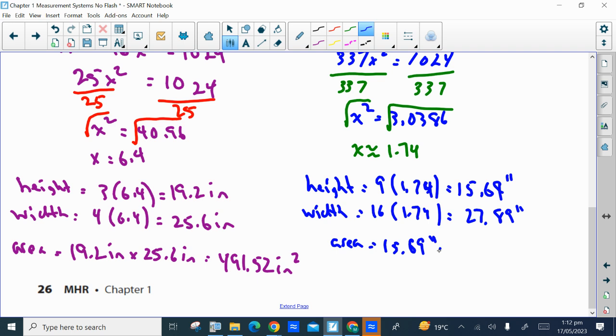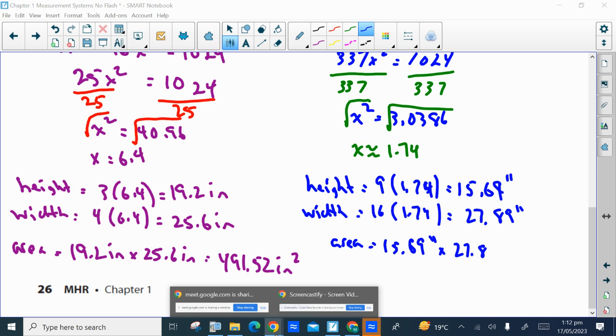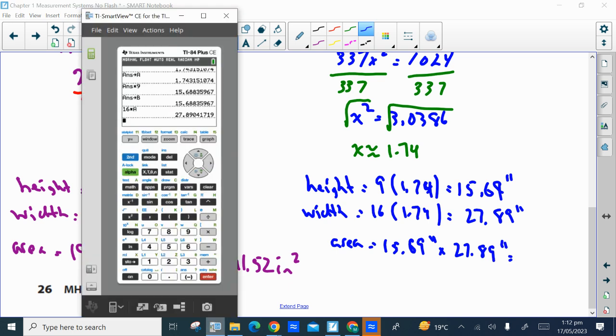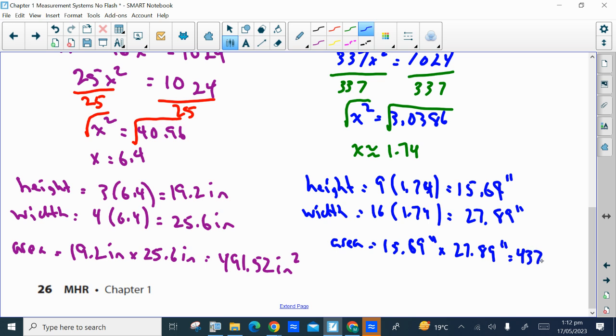But I'm going to use the entire numbers that are in the calculator, not the rounded ones. So I've already got that 27.89, that entire decimal there. I'll multiply by alpha B, which is the height that I stored in there, which gives us 437.55 square inches. Which is less than the other one.